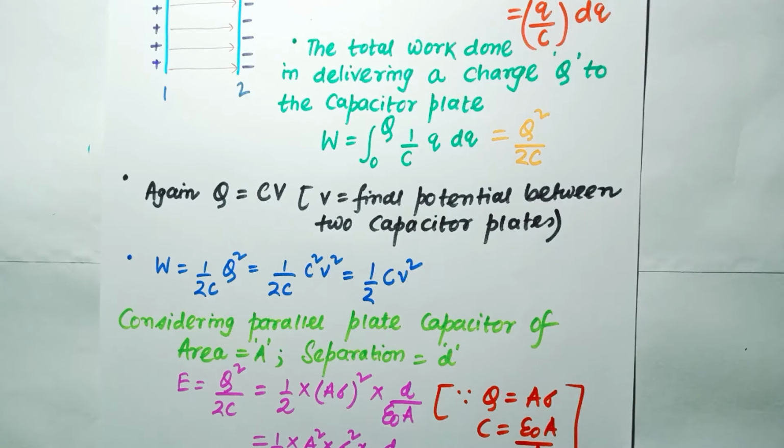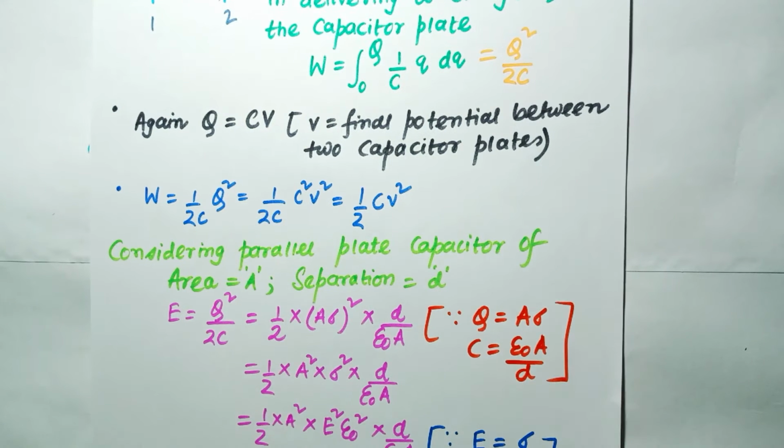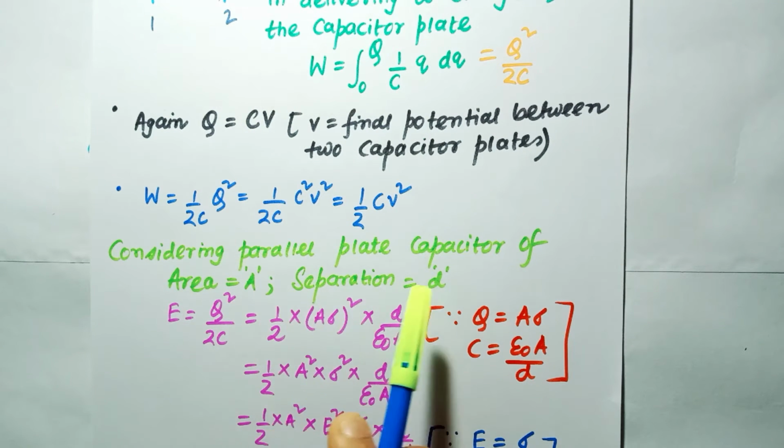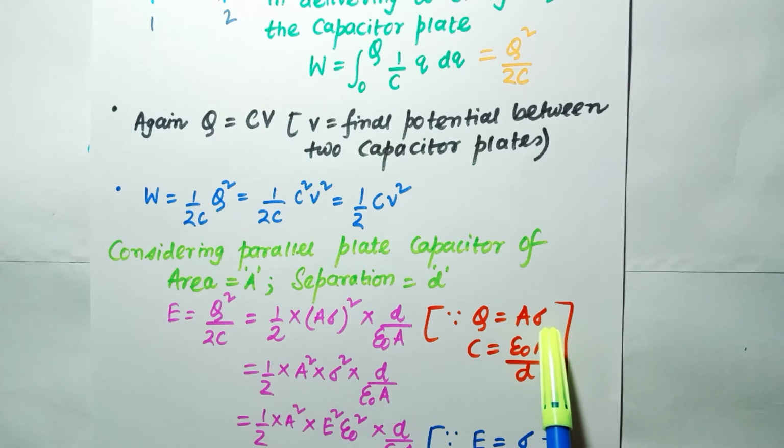Now we can consider one parallel plate capacitor having area capital A, and the separation between the parallel plates is D. The potential energy expression looks like E is equal to Q square by 2C. We put Q is equal to A sigma, where sigma is the surface charge density of the parallel plate capacitor, and for C I put epsilon naught A by D, the capacitance expression for the parallel plate.